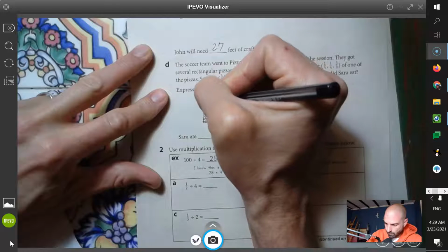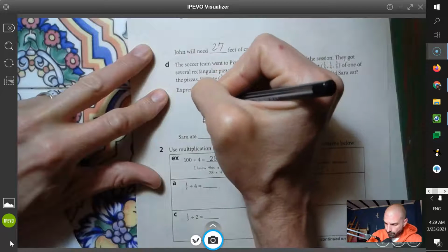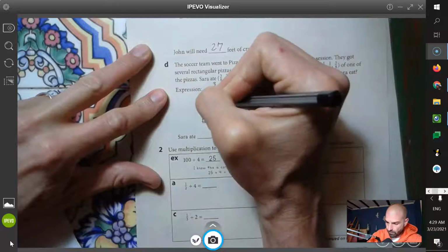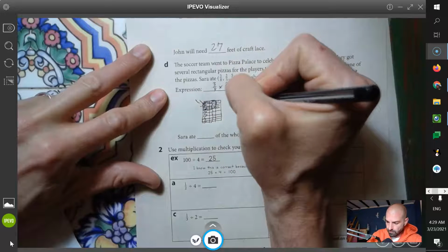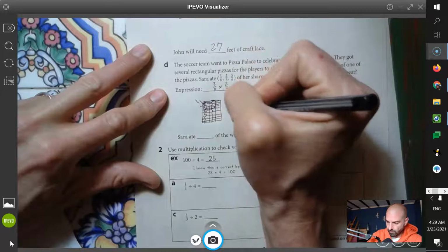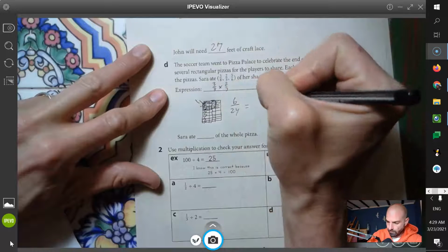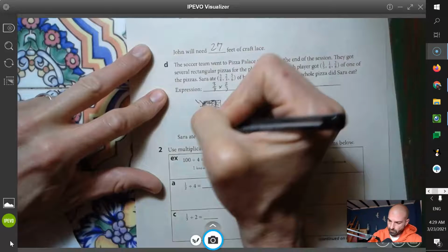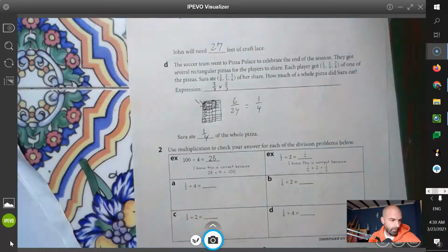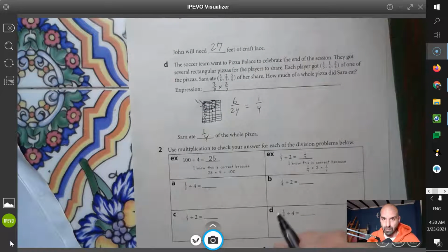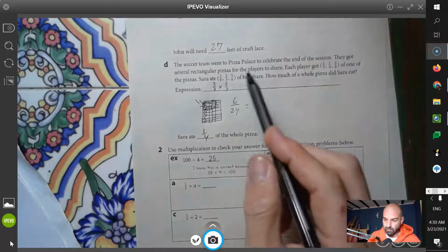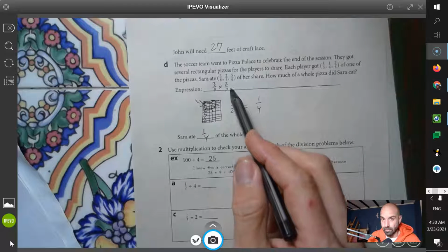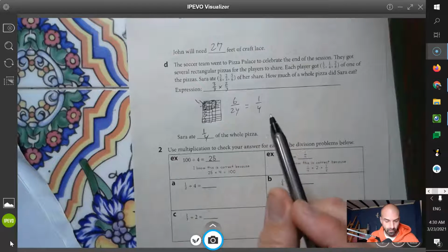So we're looking at this right here, which is 3 by 2, which is 6. And then this whole thing is now 8 by 3, which is 24. We could also say that as 1/4. So she ate 1/4 of the whole pizza, not her pizza. She ate 2/3 of her pizza, and she ate 1/4 of the whole thing.